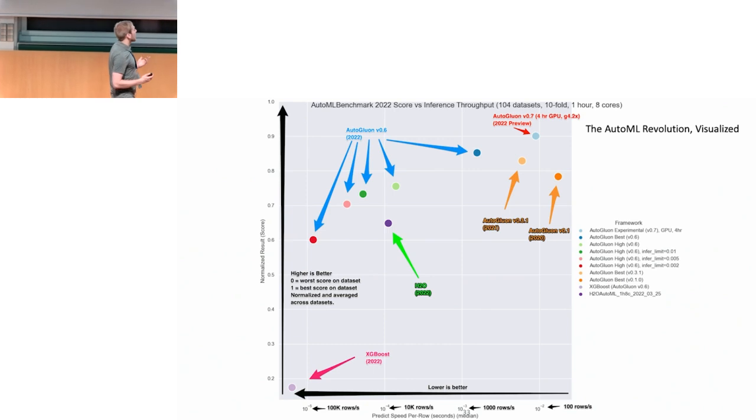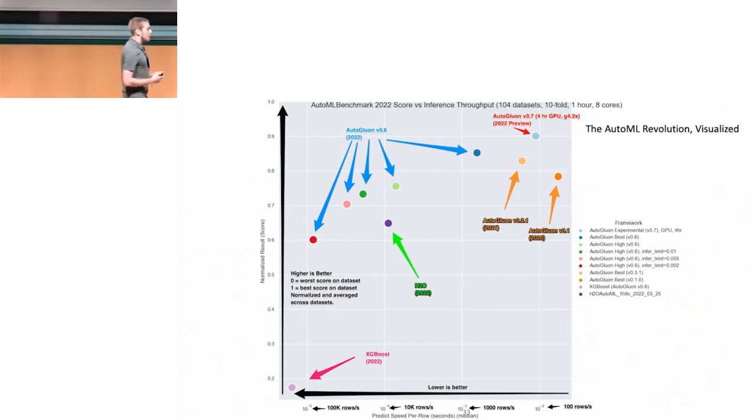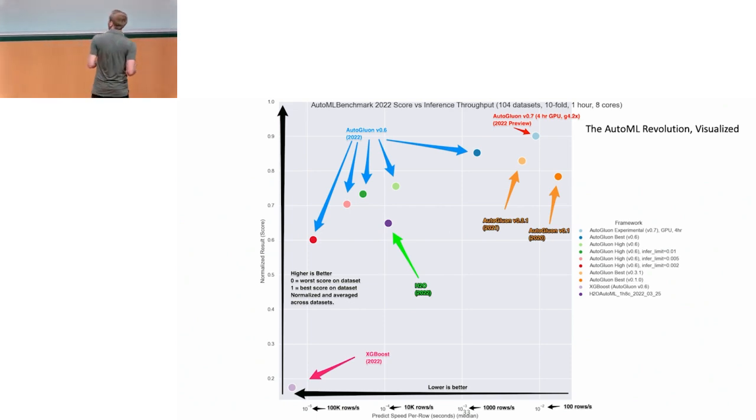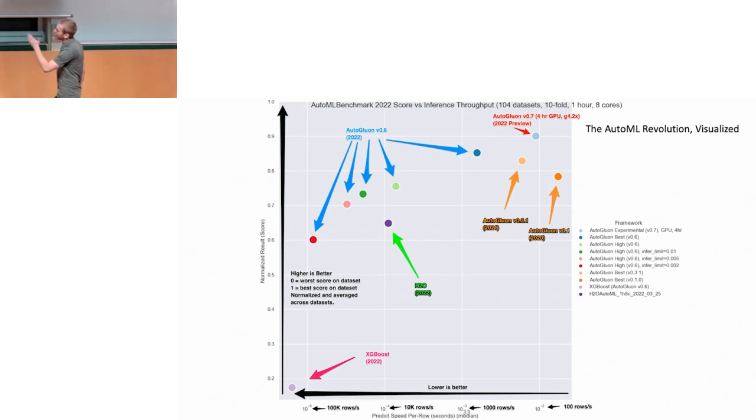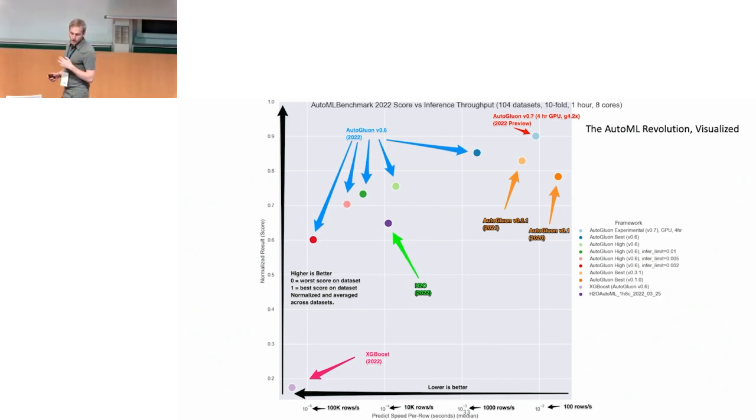So this is a slide of the improvements over time of AutoGluon, both in inference speed and accuracy. The y-axis here is the normalized score across the AutoML benchmark, and the x-axis is the inference speed, where going further to the left is faster.